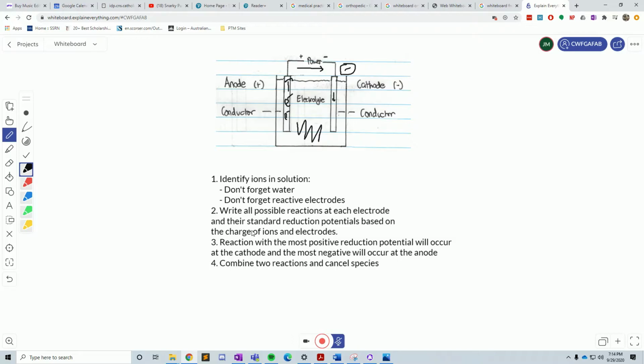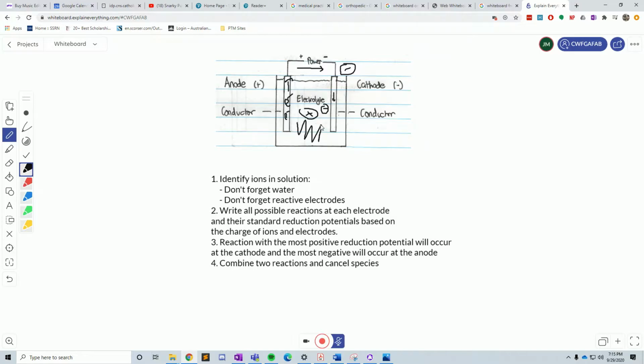Next step is to write all possible reactions at each electrode and their standard reduction potentials based on the charge of ions and electrodes. Okay, let's break that down. So each electrode is positive or negative, and you have both positive and negative ions in this solution.